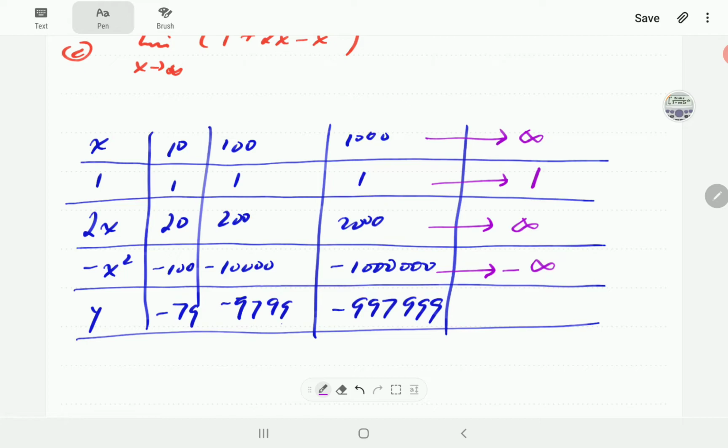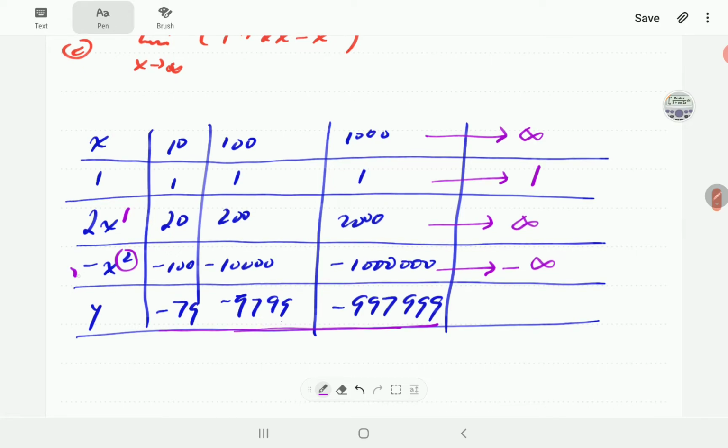However, since this is a higher power than this one, the whole value of y at the bottom is dominated by the x squared term.